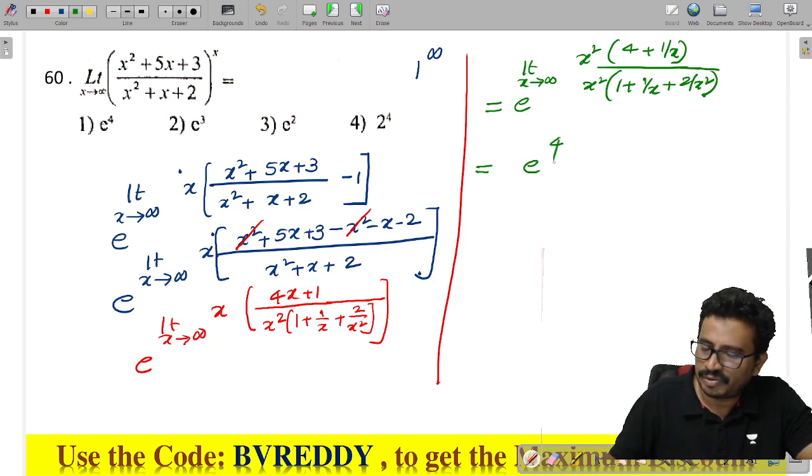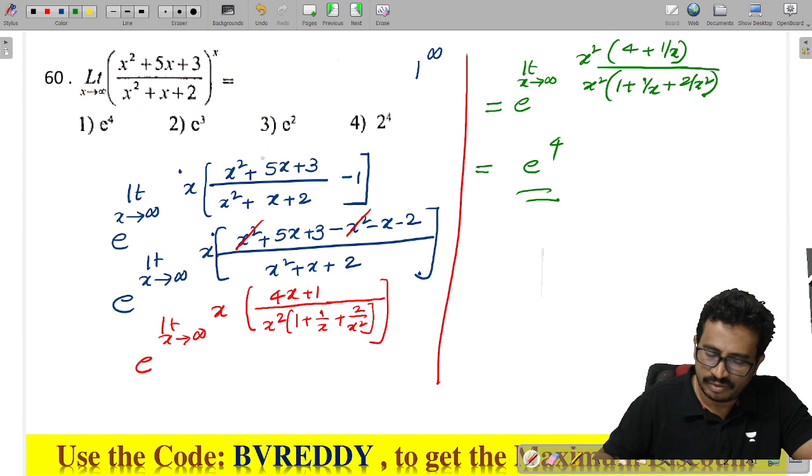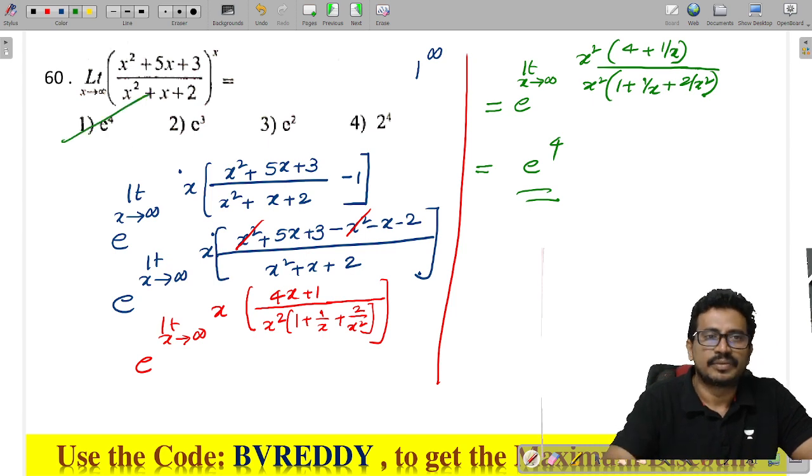It is e power 4 that will be left out now here. So that is the answer, e power 4, option 1.